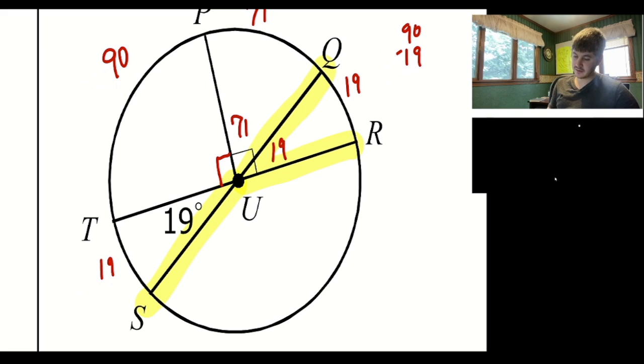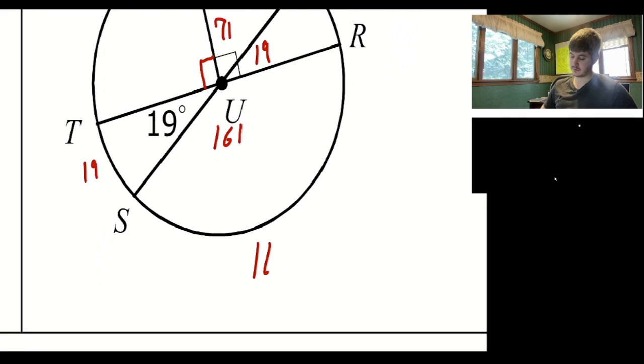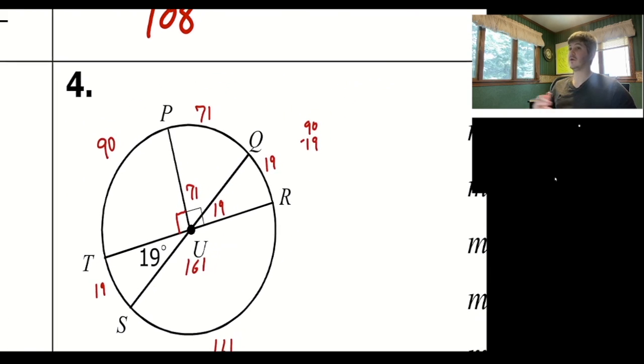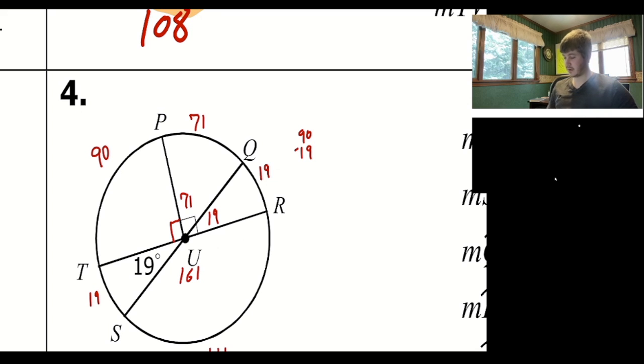So that makes it nice and easy, so that we can subtract from 180. And to get this angle, RUS, that will be 161, which makes the arc 161. So all we need to do now, I think we have everything labeled. We do.